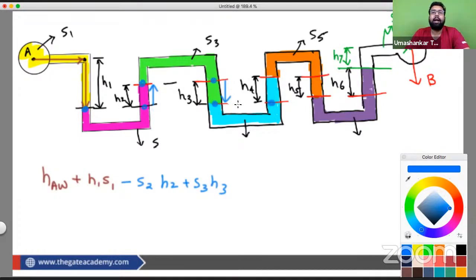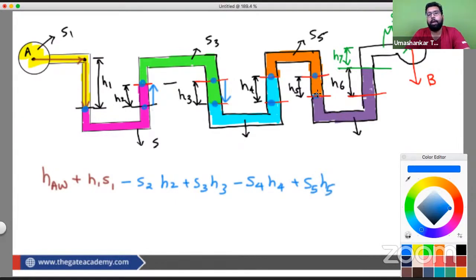Now from this to this we can directly jump. Now from this point, we are moving upwards, so minus S4H4. Now from this point to this point we can directly jump, and from this point we are moving downwards, so S5H5.